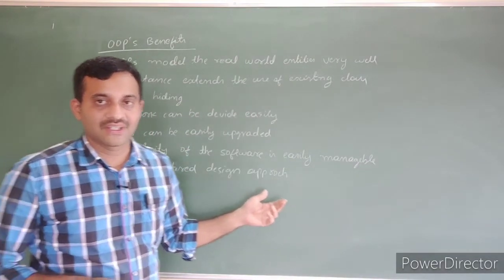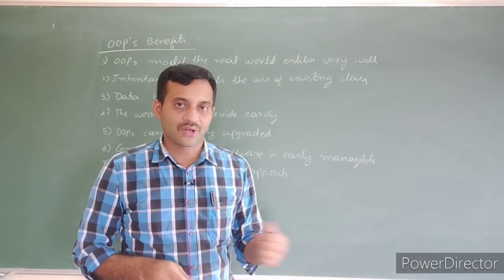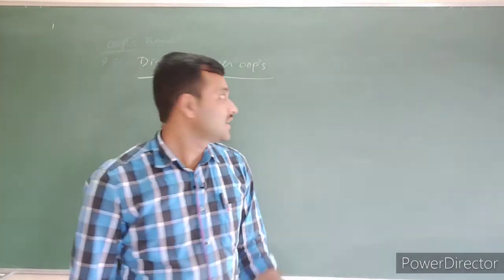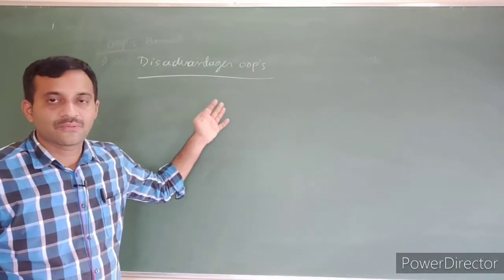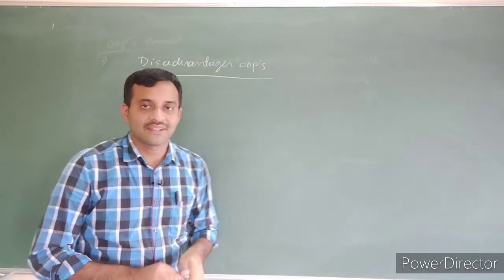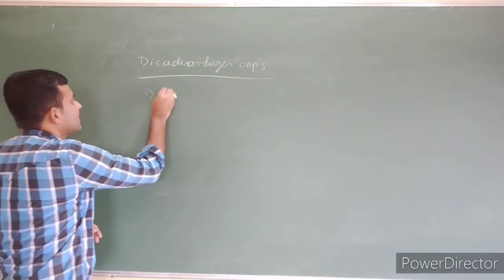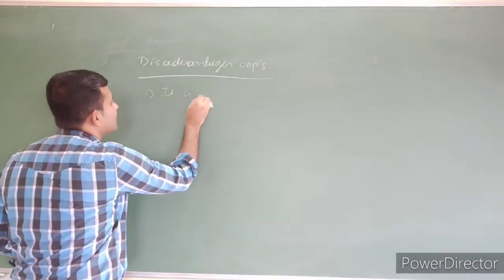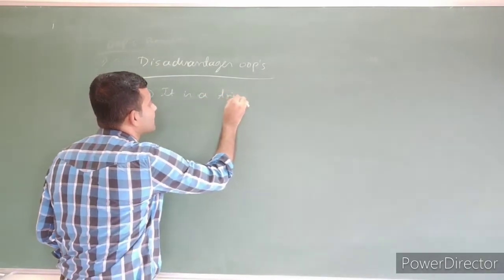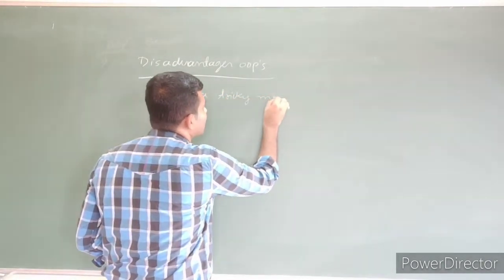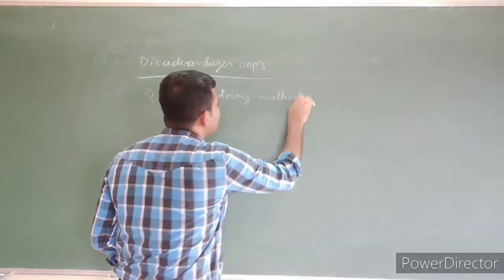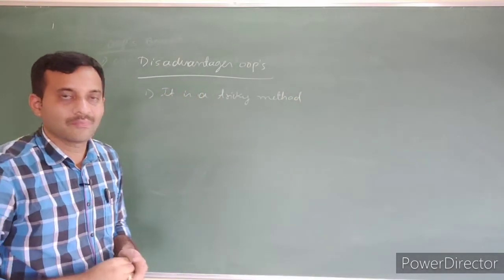These are the advantages of object oriented programming. Let's discuss the disadvantages of OOPS. There are 3 disadvantages. The first one is it is a tricky method. The implementation of OOPS is a tricky method.